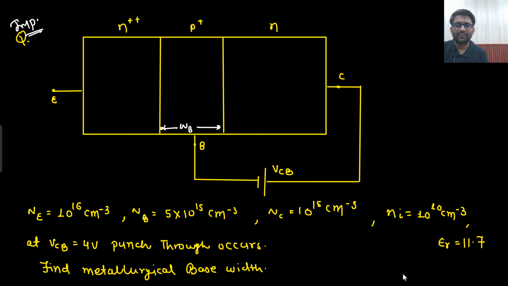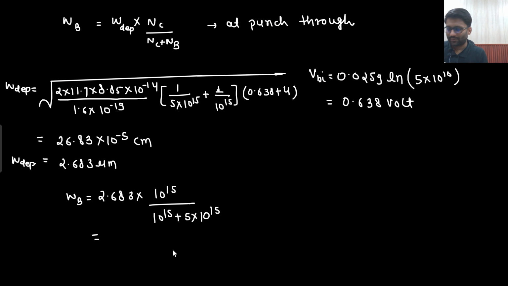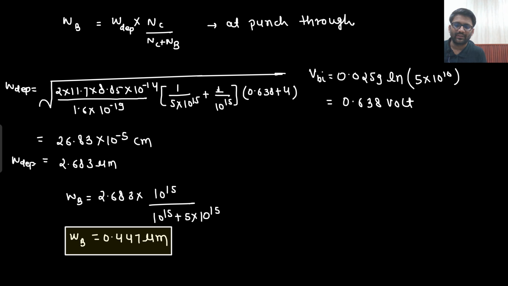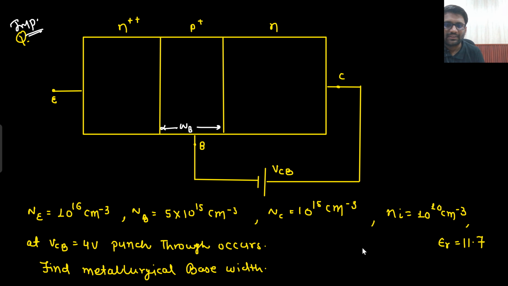This is 5 times of this one. So 1 by 6 times 2.683, 2.683 divided by 6, 0.447. So this is the answer we are getting. Okay, this is the depletion width. Actually it is very less, you will not keep this much of depletion width.